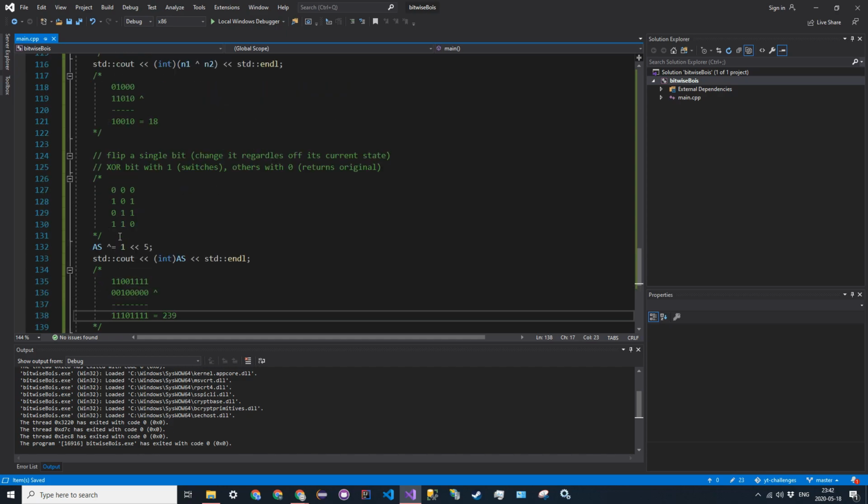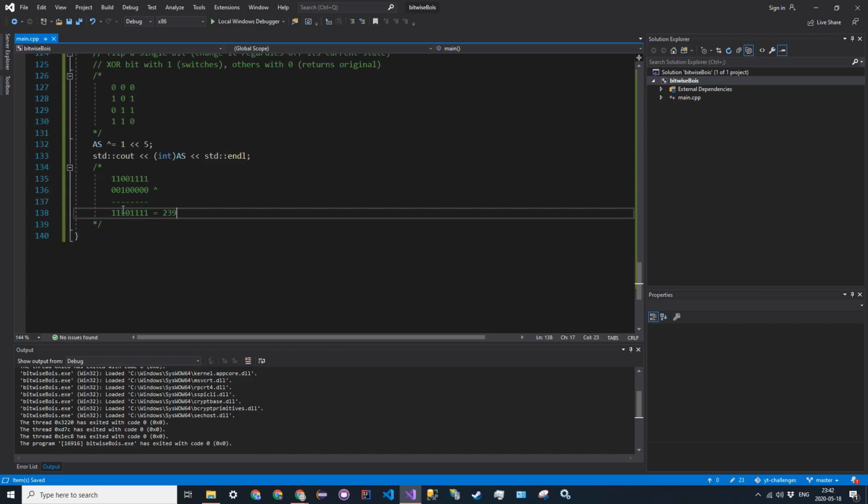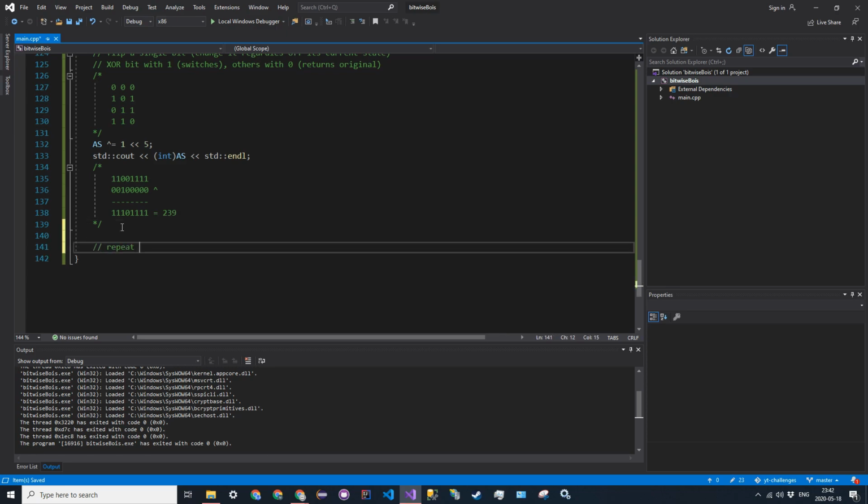Another cool thing that you can do with XOR is you can actually just flip it. If you do the same thing again, you're just flipping bits twice. So you're going to get the original, if that makes somewhat sense. So let's take this and we'll just say repeat again, so it returns the original.